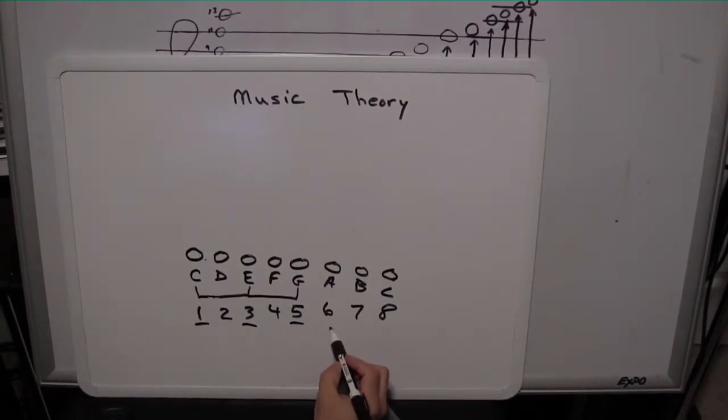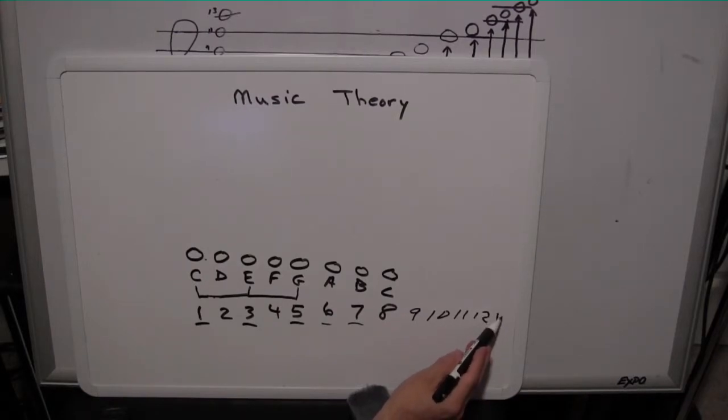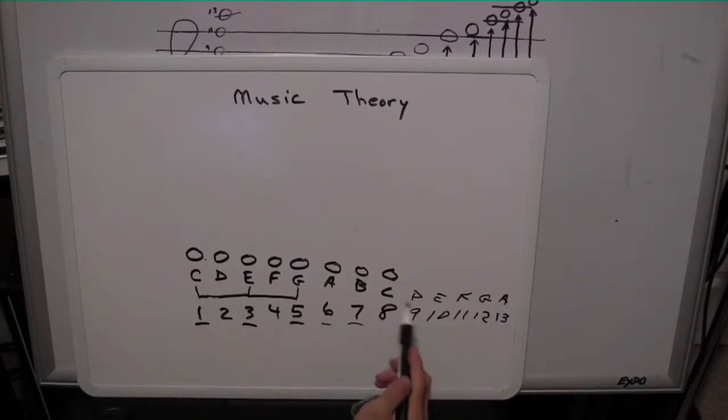We know that if we wanted to make it a 7th, we added a 7th or a 6th. We didn't even talk about that last time. And if we kept going on, 9, 10, 11, 12, 13, C, D, E, F, G, and then A. If you wanted to make a 9th, you added a 9th.